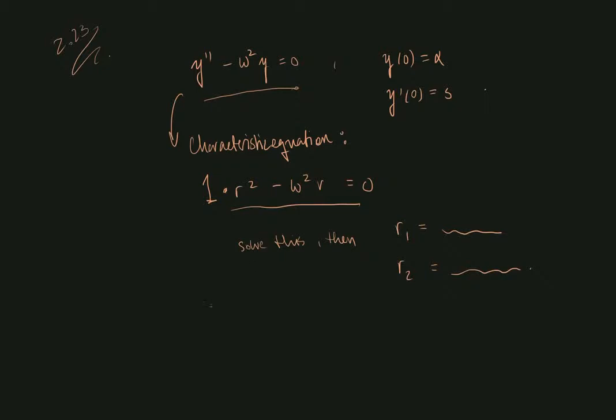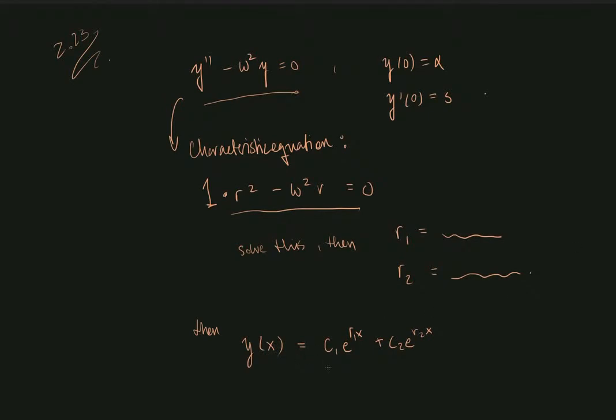And when I have found those, then the solution y of x is given by c1 times e to the r1 times x plus c2 times e to the r2 times x, where r1 and r2 are numbers that I have already figured out from here. So what are c1 and c2?